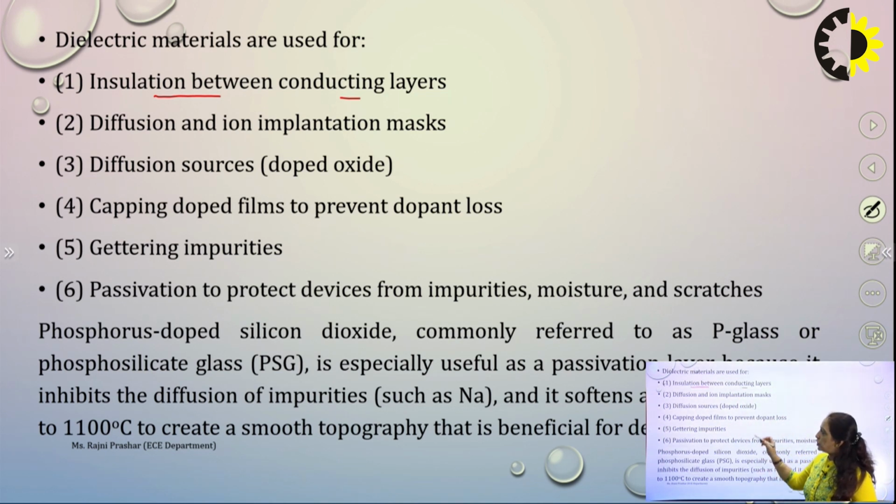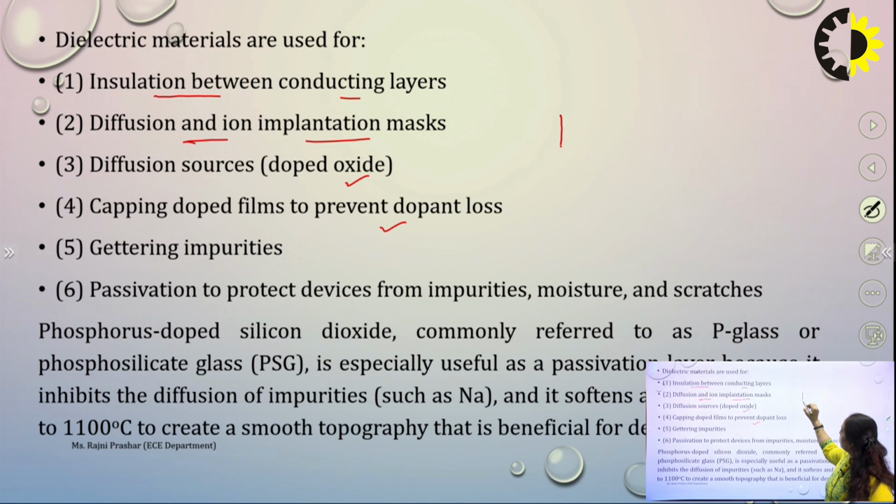For diffusion and ion implantation, we can use these materials as masking layers. Then for diffusion sources, where we have to dope some oxides, there is capping of the doped film to prevent dopant loss.